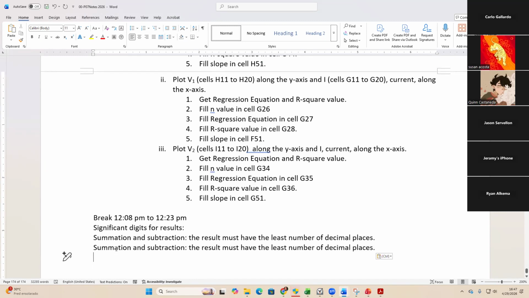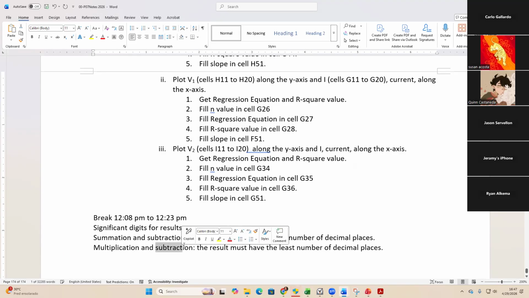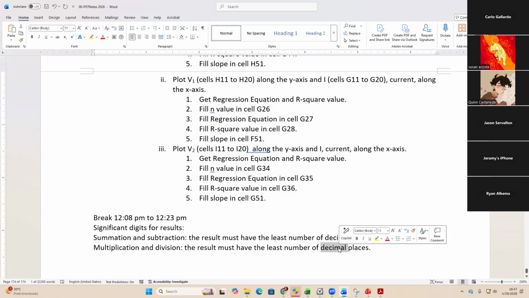Multiplication and division: the result must have the least number of significant digits.